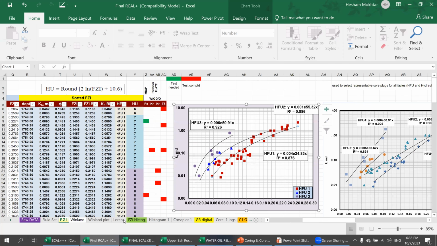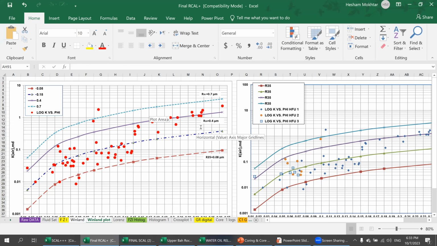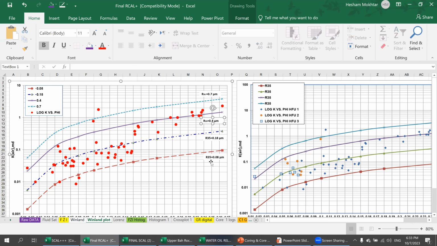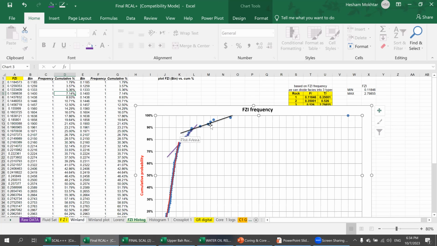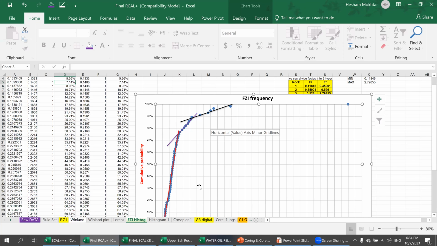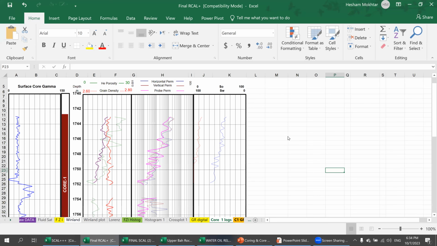This is the application of the Winland technique to classify the reservoir rock as per different pore throat categories. And this is another technique, which is the FZI probability plot. As you can see, we have 3 clear rock units or rock types, and this is the first step of core log depth matching.